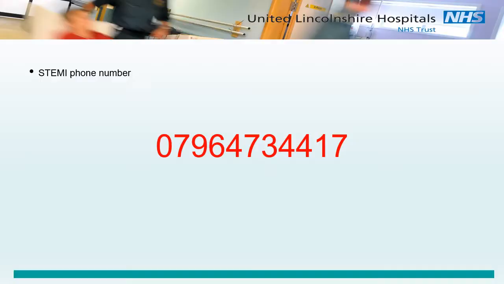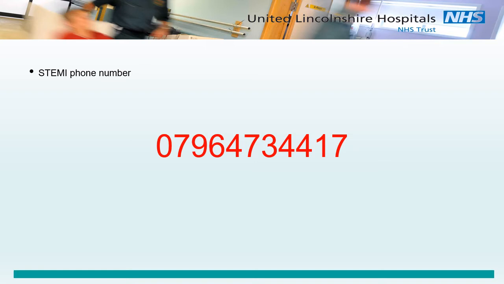So you call the STEMI number. You need to call them directly and refer the patient to them and start the management. Of course, you need to make sure that the patient has had the full assessment, the ABC, and the treatment which we will give. We will give aspirin, we will give nitrate if the blood pressure allows, and make sure his oxygenation and ventilation are maintained.